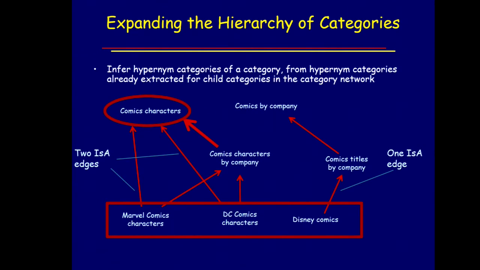This happens because, although it's not represented here in this image, in the category network, comic characters by company already had comic characters as a parent. But you did not know if it was ISA or not, of course. But this way, this is how they decide that this is in fact an ISA edge, and they actually assert that ISA edge. They could not do it before in the previous steps, but now they do it, and the way they do it, as I said, is based on evidence coming from the children. More children vote for comic characters, and so that one is chosen as being the parent for comic characters by company.